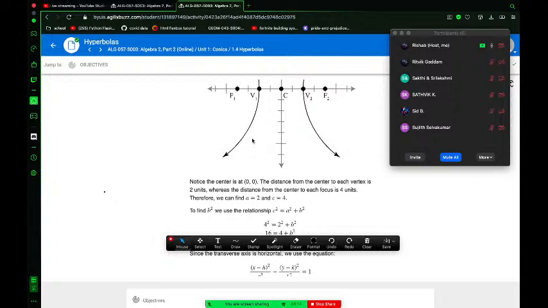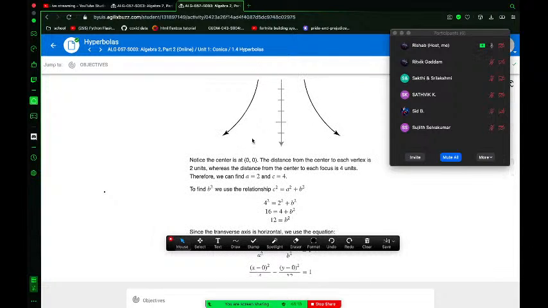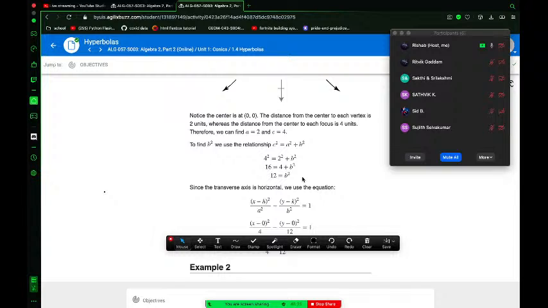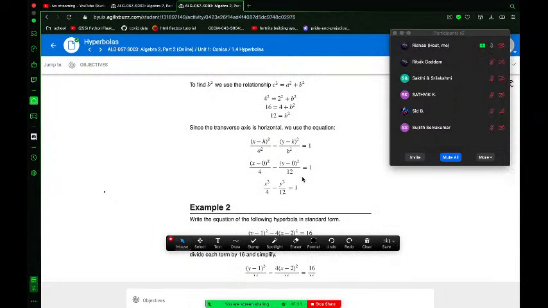Therefore, we can find A equals 2 and C equals 4. To find B squared, we use the relationship of that. And we can find B squared, since the transverse axis is horizontal. We can use that equation. And we find that horizontal transverse axes have the bigger number on this side. So yeah, that's pretty cool.